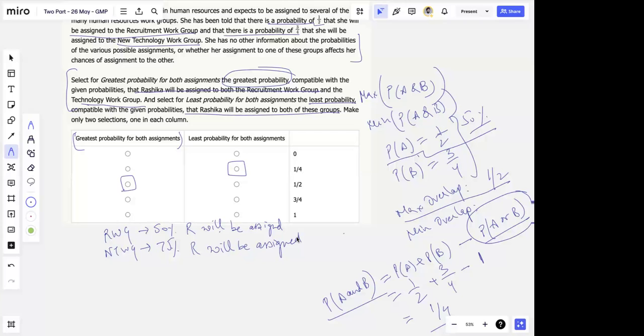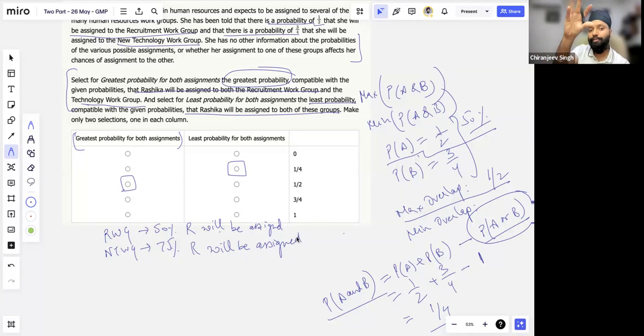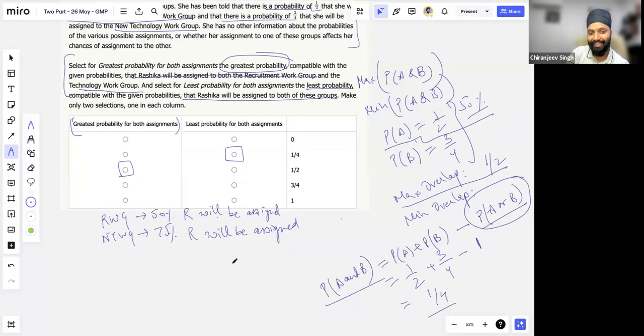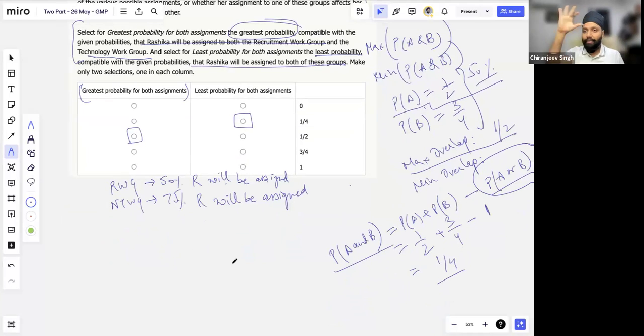That this is the meaning of, yes, right? कि जितनी भी situations possible हैं दुनिया में, उसमें से 50% में she'll be assigned to RWG and 75% situations में NTWG में she'll be assigned. So far with me? ठीक है, this is how I was visualizing and understanding it.